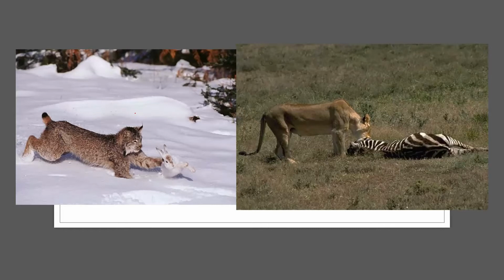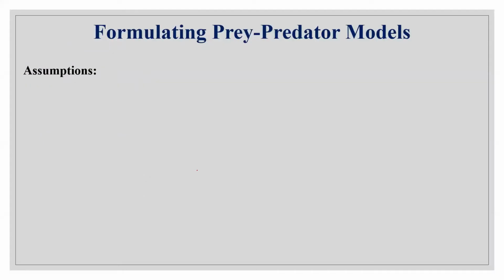So this is a figure of a cat, and this is a hare. So this lynx population is a predator population and this is a prey population, because it consumes its prey for energy and survival. So we will see how we can model this kind of situation.